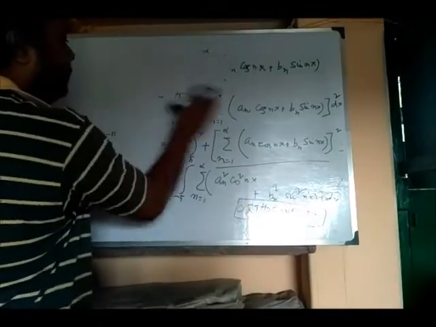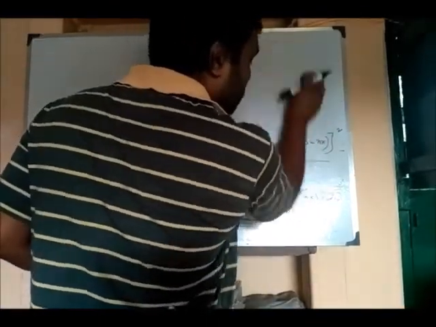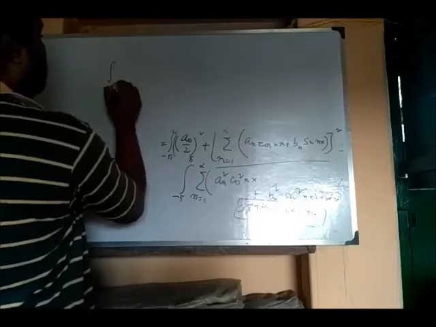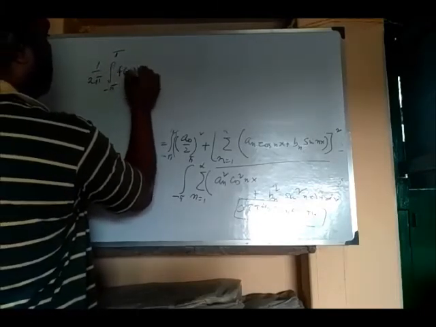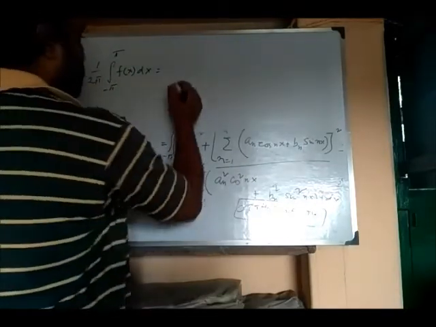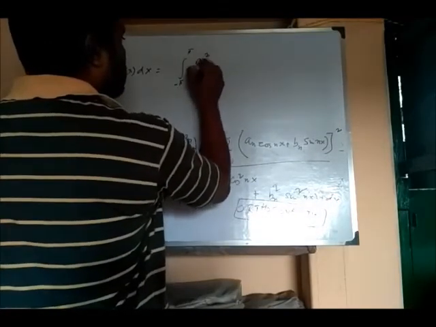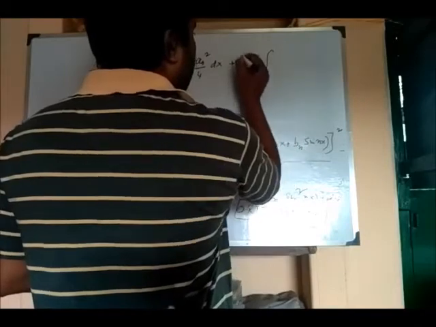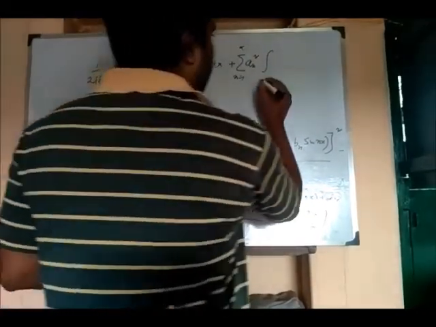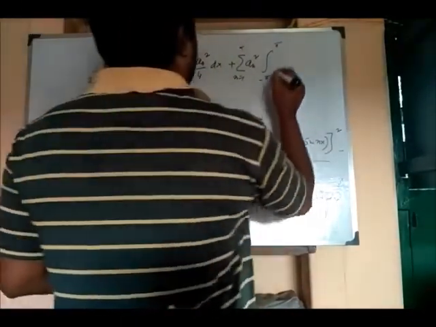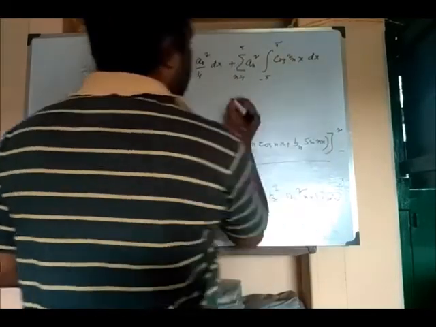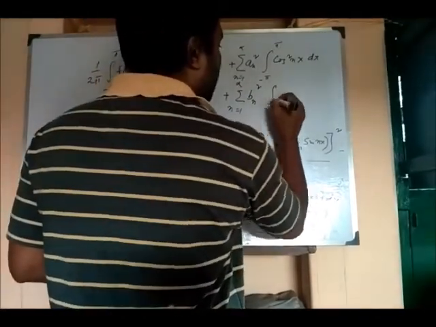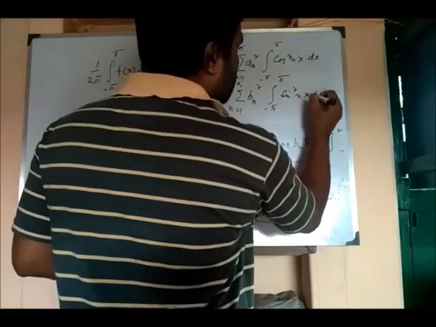Right? Now, if these two terms remain in your hand, what you will get is that the value of integration minus pi to plus pi, 1 upon twice pi f x dx, this will be integration minus pi to plus pi a0 square by 4 into dx plus an square, obviously the sum remains at n equal to 1 to infinity, minus pi to plus pi cos square nx dx plus sum over n equal to 1 to infinity bn square integration minus pi to plus pi sine square nx times dx.